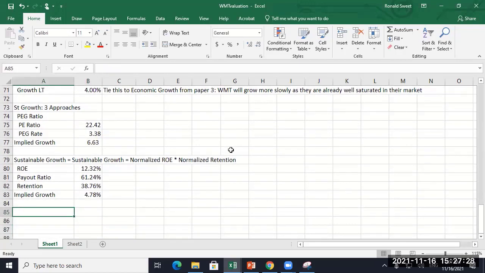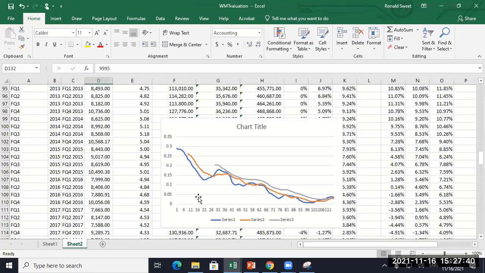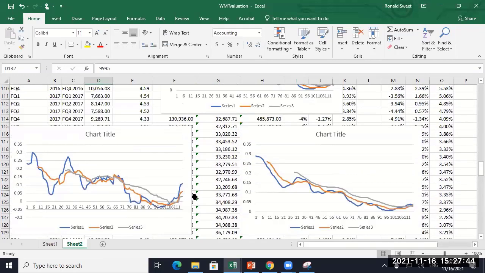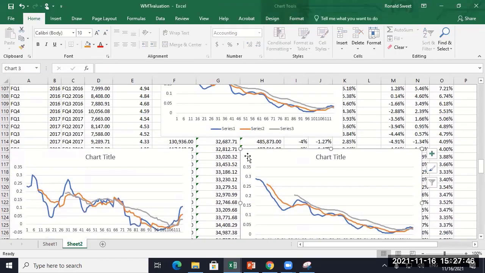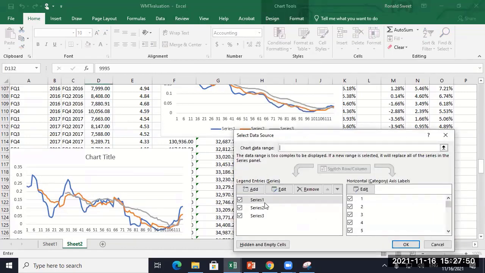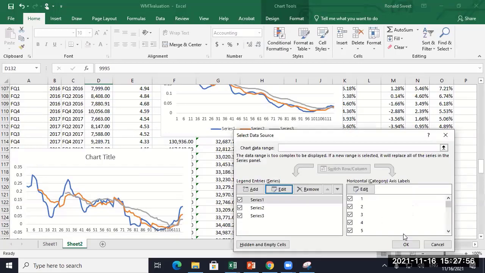And then the last one is just looking at history. If you do this, you have to get this out of Bloomberg. But I've already done it, so here's their history. I can't remember which one is which.